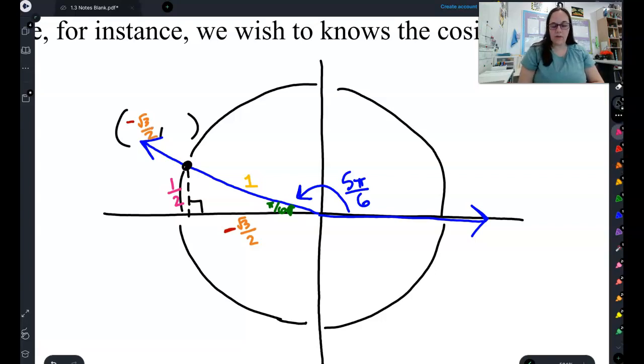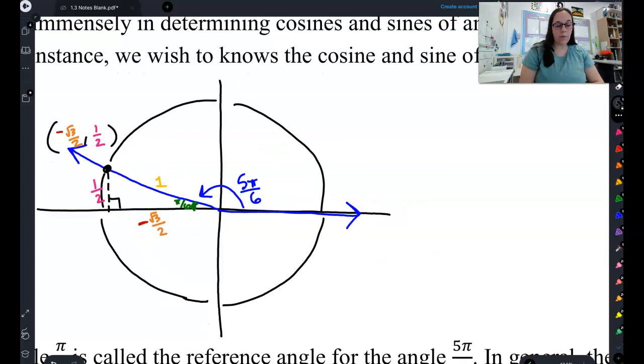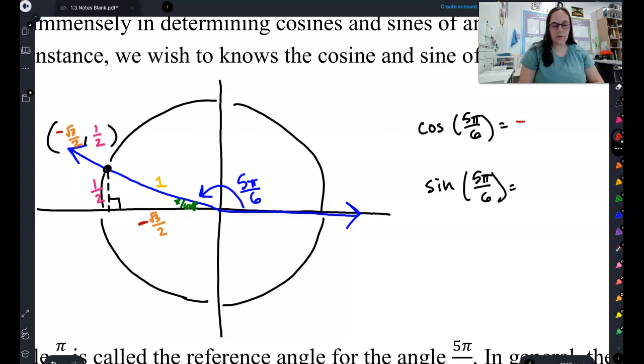Y value is 1/2. And now that we have the point done, it's not too hard to go cosine of 5 pi 6, sine of 5 pi 6. Cosine is my x value, negative √3/2. Sine is my y value, 1/2.